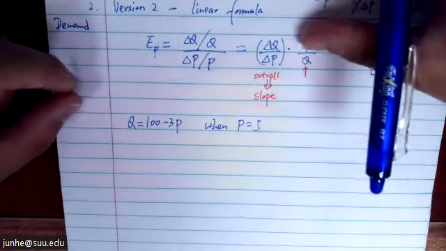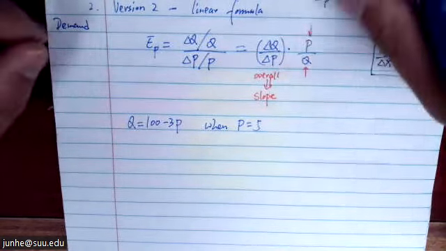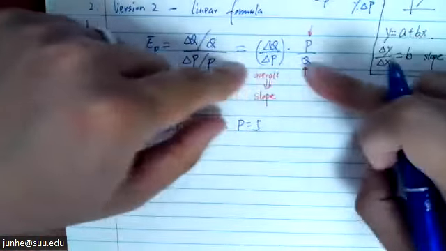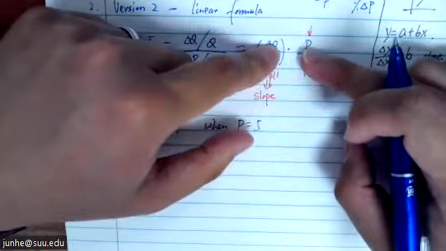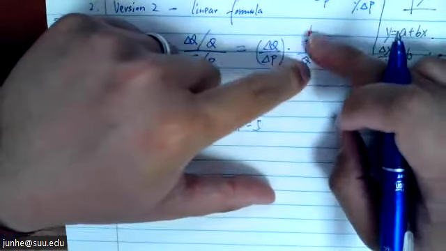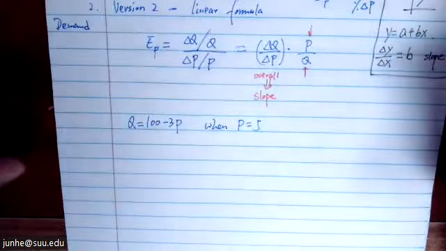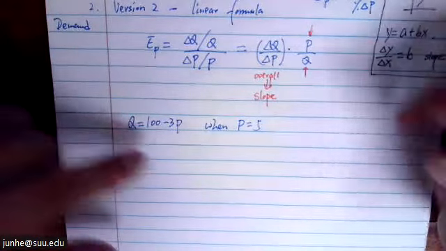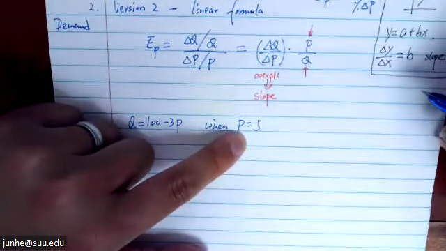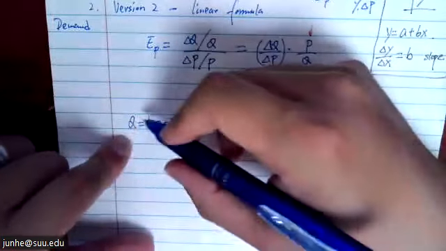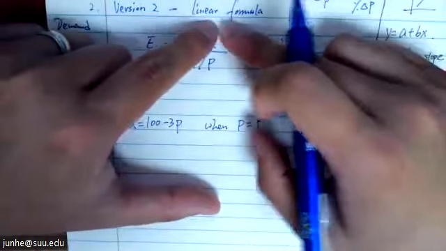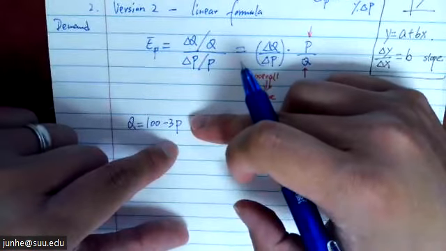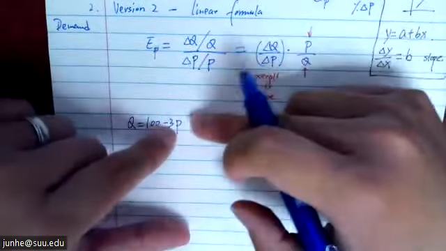You have those pieces of information, and this formula is the original graph of a jigsaw game that you're referring to, and you're just trying to find those pieces and put them together. So here we have this information, P equals 5, and we are given this linear formula of demand.